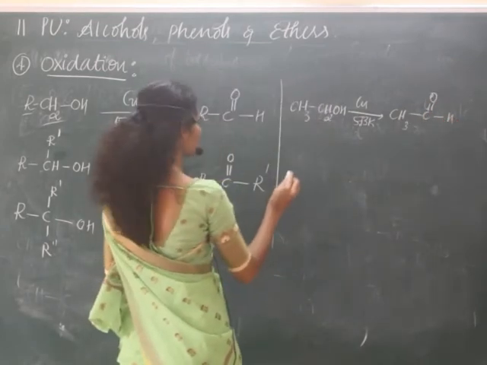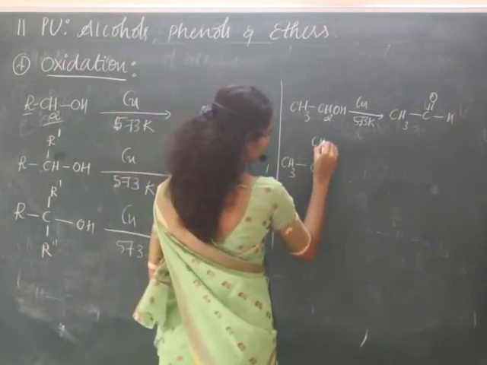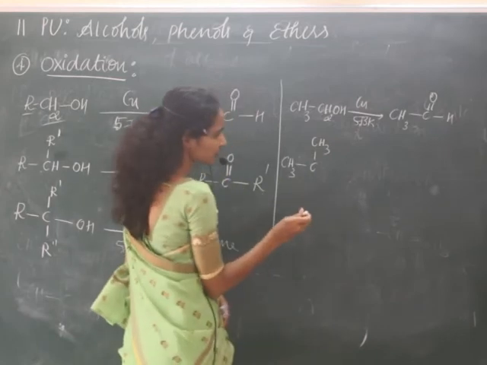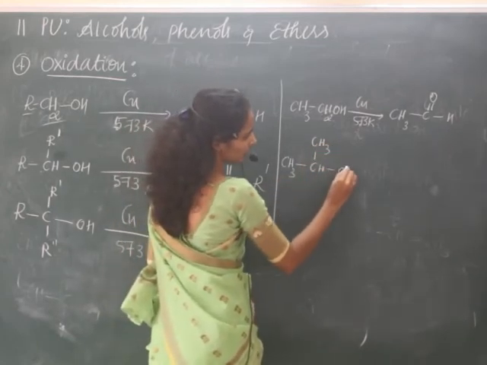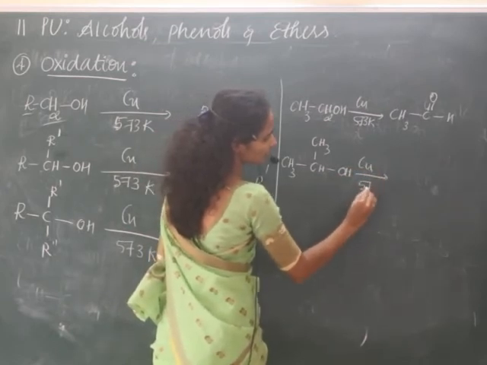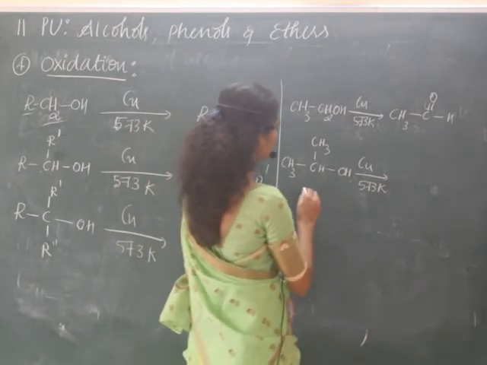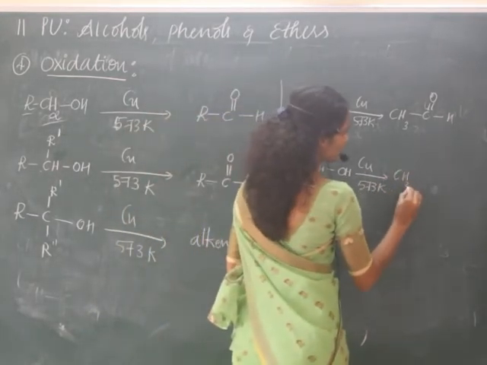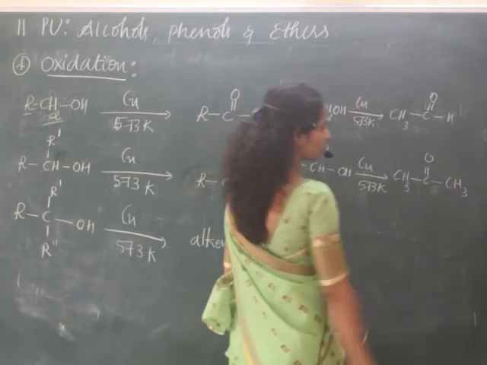Second one is secondary: CH3, then one hydrogen, and here OH, in presence of copper at 573 Kelvin. What will we get? Ketones, right? CH3, C double bond O, CH3.